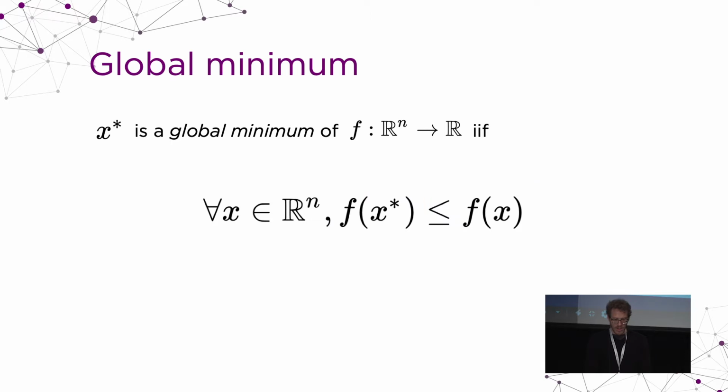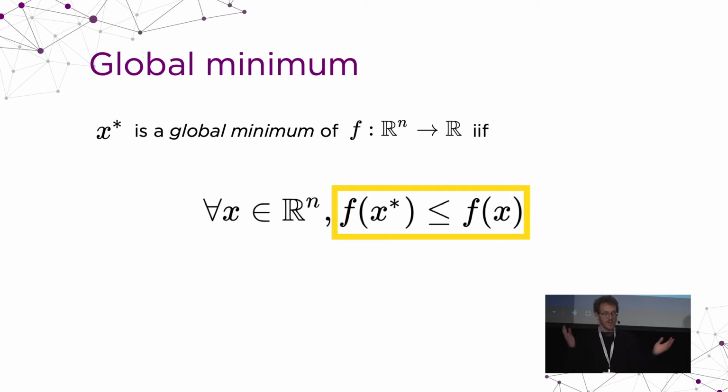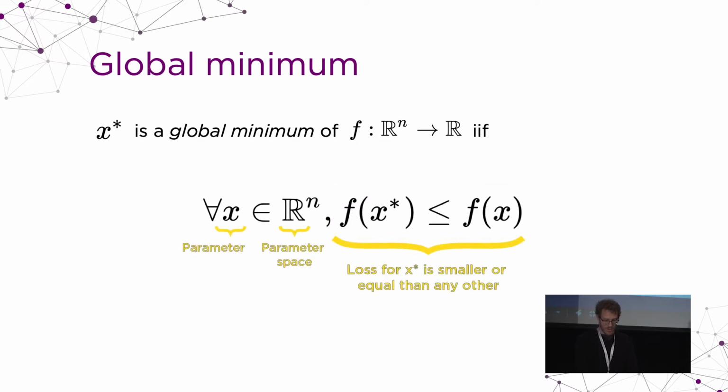So h will be an input of this function, it's the parameters, and we have a global optimum if, for any other parameters in the parameter space, the value of the loss at this global minimum is the best. There is no other model that can minimize this average loss more. So for all models in this parameter space, my loss is the minimum globally.